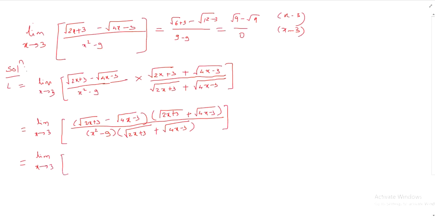here. If you look at these terms, then these are the terms of the form a minus b into a plus b.